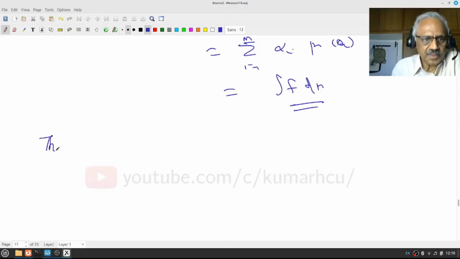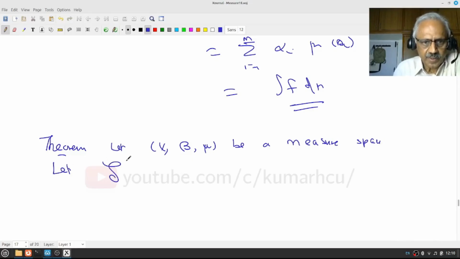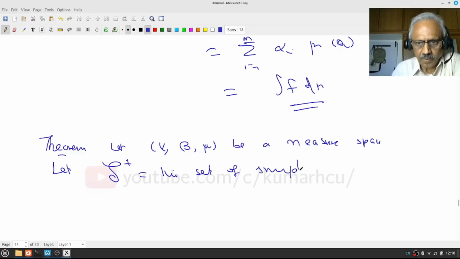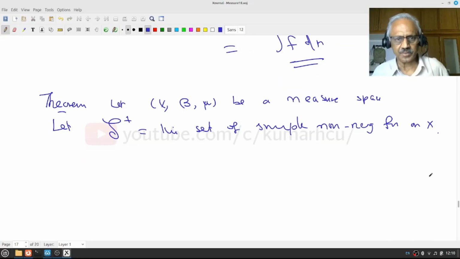So this is the theorem. Let (X, mu) be a measure space. Let S plus equal the set of simple non-negative functions on X. Remember, all my simple functions are measurable.